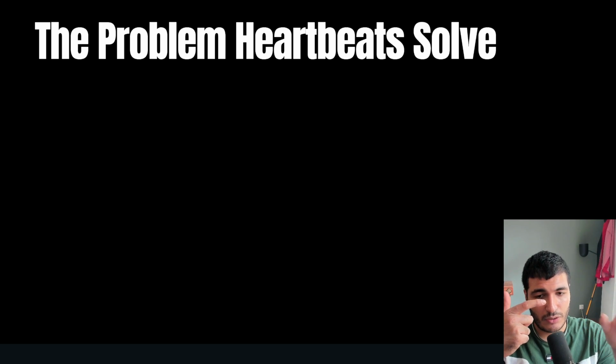Let's first talk about the problem. The core problem heartbeats address is failure detection in distributed environments. It's surprisingly hard to distinguish a truly dead component from one that's just temporarily slow, or perhaps isolated by a network issue. If a server stops responding, you need to know quickly so you can remove it from load balancer rotations, trigger a failover to a replica, maybe reassign any tasks it was supposed to be doing.